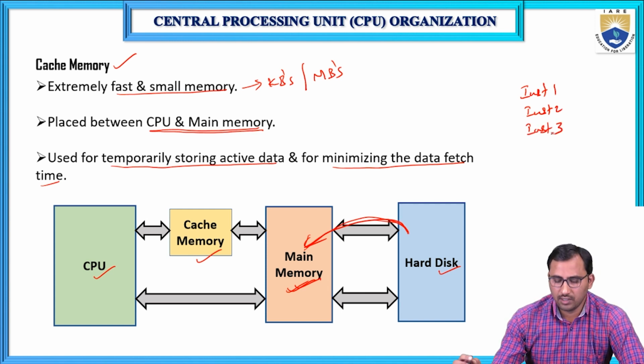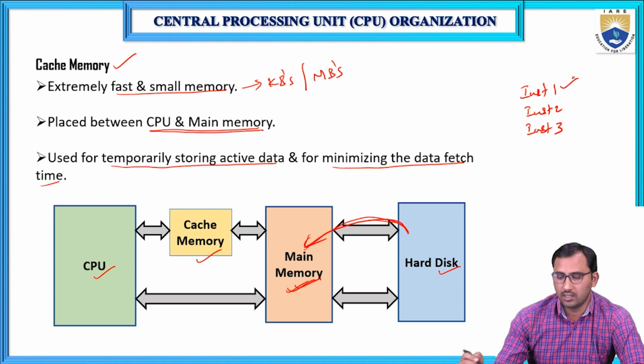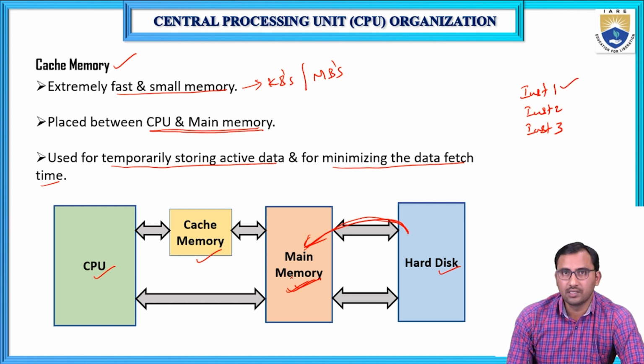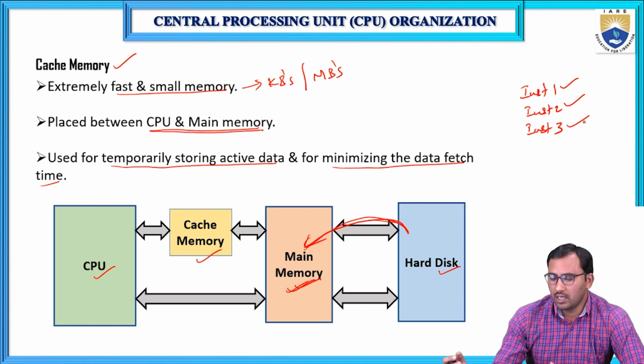When the CPU executes the first instruction from the hard disk, it will be placed in the main memory. Then from the main memory, the CPU will execute. After that, the second instruction, next, the third instruction. In this way, all the instructions from the hard disk will be loaded into the main memory whenever the CPU is executing.